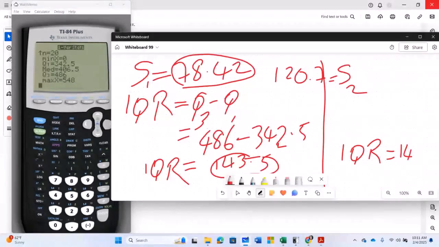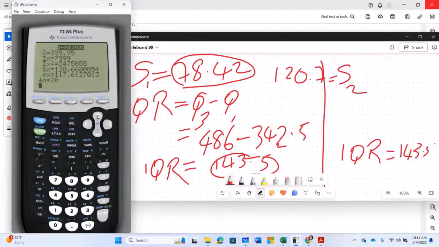What changed is the standard deviation. The standard deviation changed immensely. If we go up again, we see that the standard deviation changed from 78.42 to 120.7. Therefore, changing or introducing a data value in raw data affects the standard deviation a whole lot.